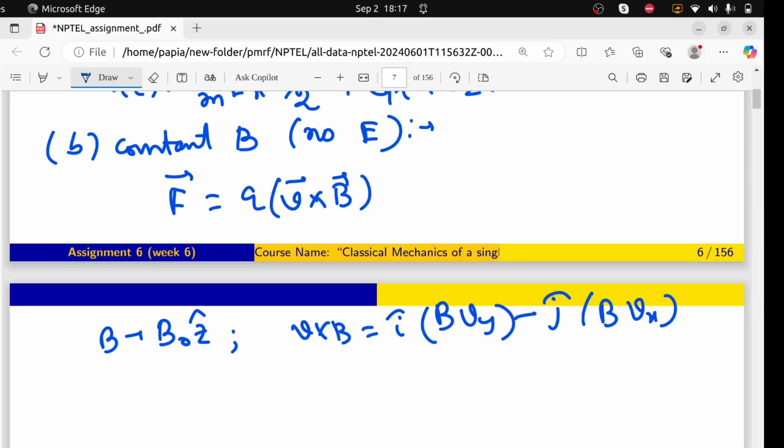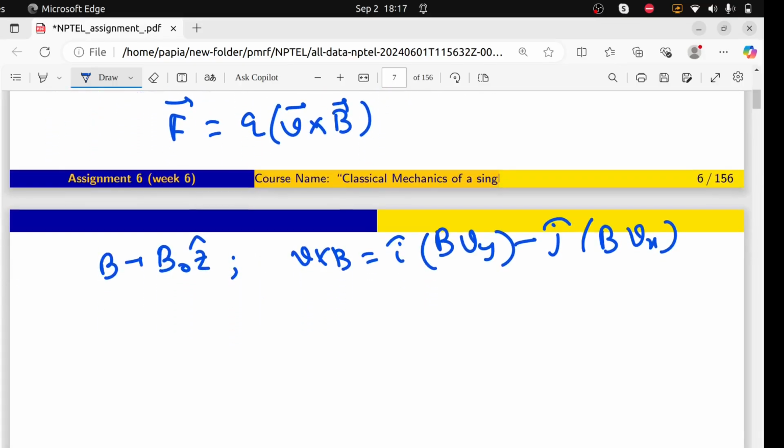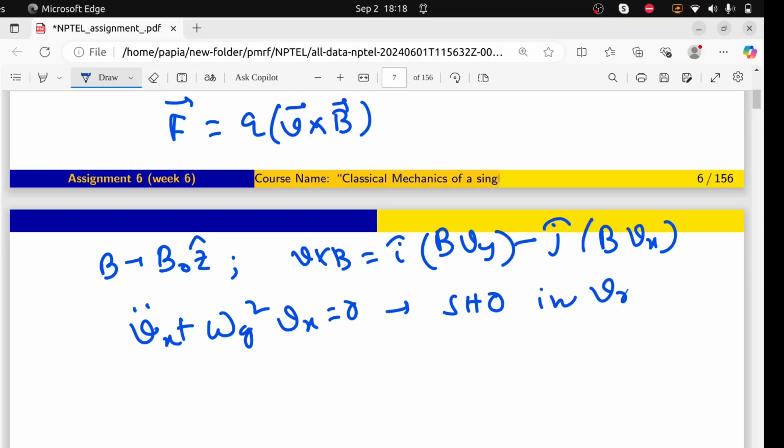So this type of things are there, right? Then he was calculating these things and concluding that V_x double dot plus omega_z square V_x equals 0. So this is the simple harmonic oscillator in V_x. And what is omega_z?